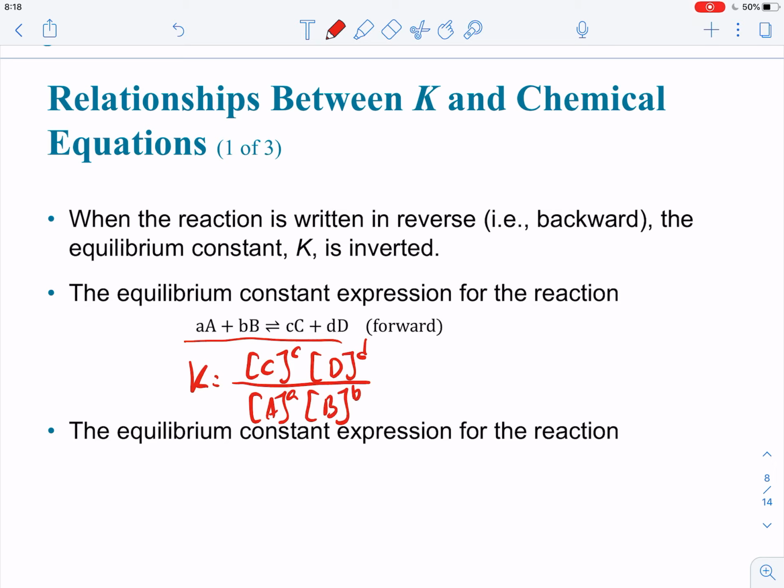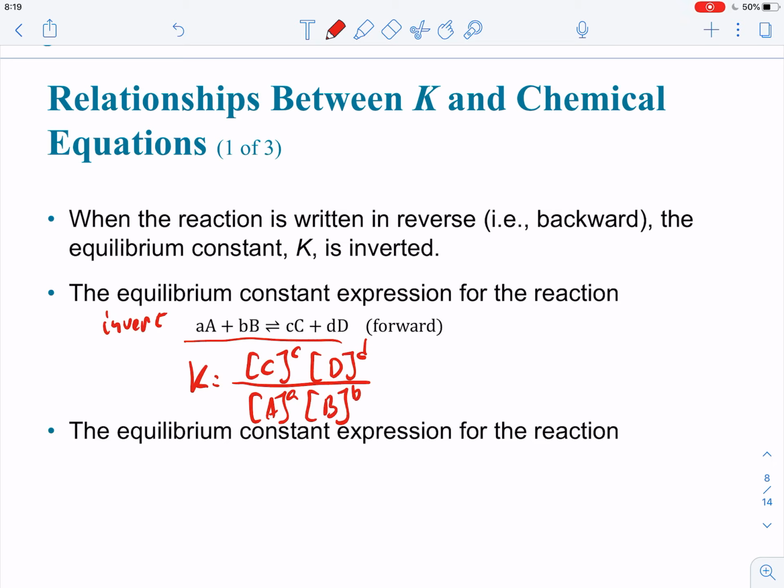So what if we want to determine the equilibrium constant for the reverse reaction? The reverse reaction is part of the system, right? So you can write the reaction in the forward direction, or you can write it in the reverse direction. If you do that, basically what you are doing is inverting the reaction.